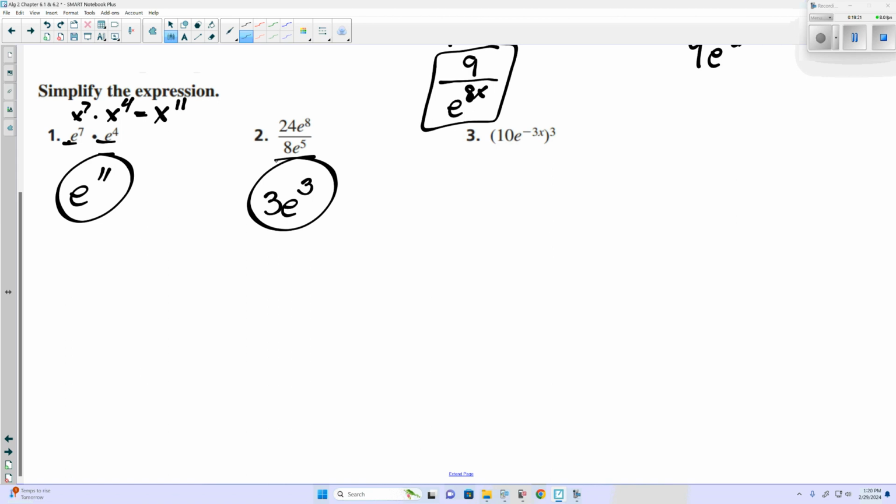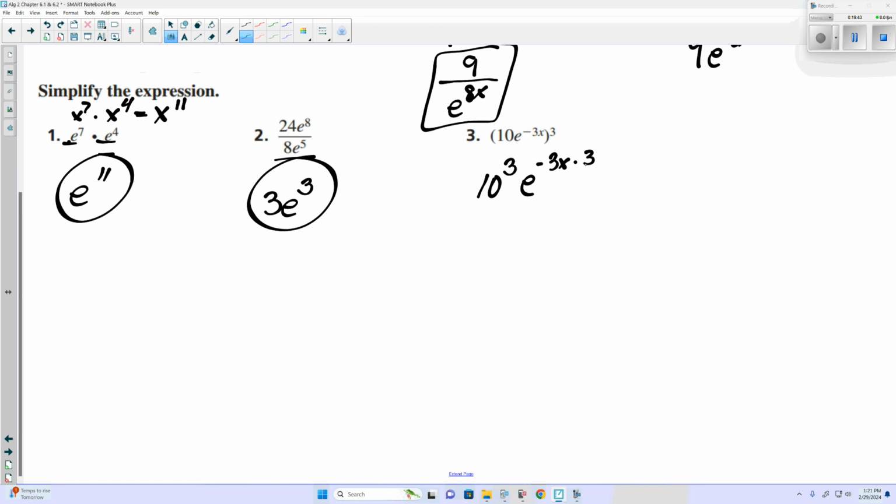Question on this? Last one for this is 10e to the negative 3x cubed to the 3rd power. Now we're going to apply that 3 to both terms. So we get this.